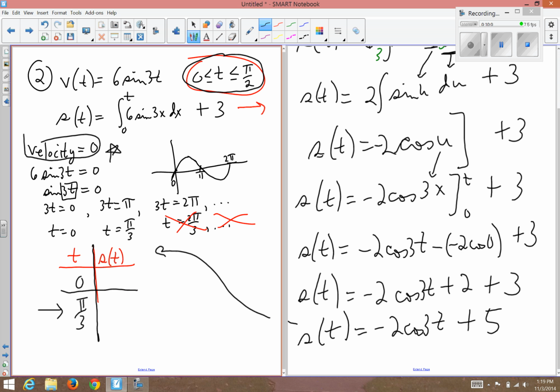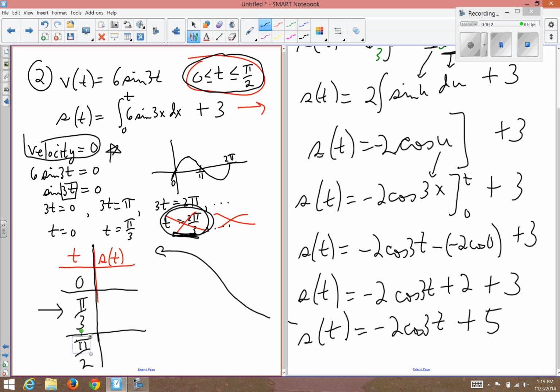And we're also going to use pi over 2 because that's where the time interval ends in this question. This is another time when the velocity is 0 right here, but that number is not in this interval. Pi over 2 is 90 degrees, and this is more than 90 degrees.